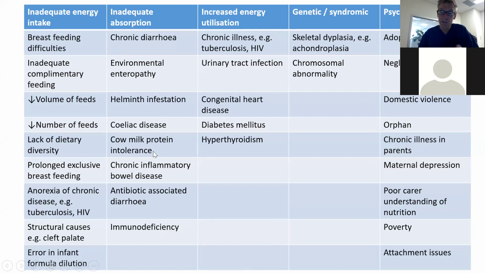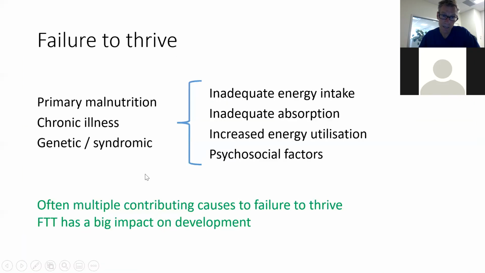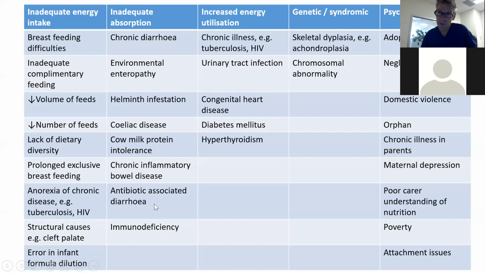That is, some children have a mild allergy to cow's milk protein, and if they transition from breast milk to cow's milk, any type of cow's milk, they may have some sort of chronic malabsorption syndrome, and then chronic inflammatory bowel disease, and sometimes children have antibiotic-associated diarrhea or even immunodeficiency, whether it's HIV or primary immunodeficiency, can all lead to inadequate absorption of nutrients and calories and protein, and that can lead to failure to thrive.